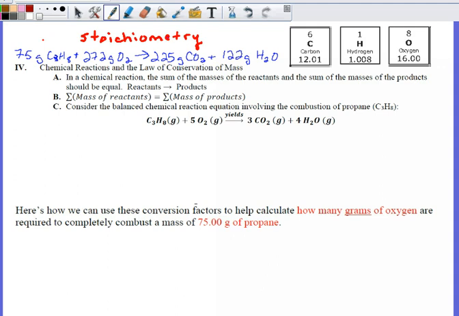I don't remember the exact numbers, but we're going to kind of show that process. If you add these up on this side and you add these up on this side, you get the same number, the same quantity of mass.